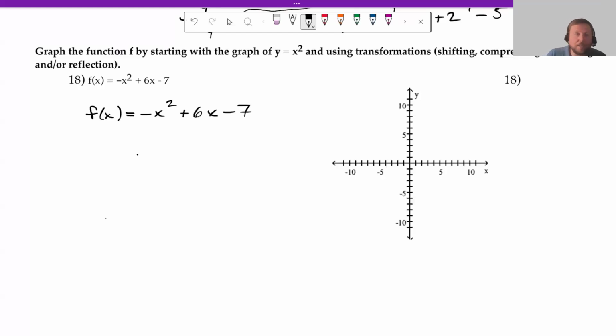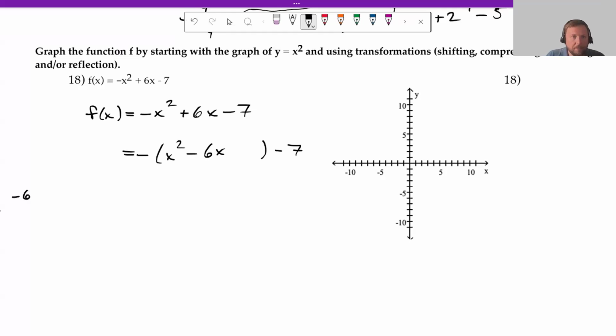So to get this to vertex form, I just do completing the square. I'm going to factor a negative from the x squared and the 6x and rewrite that as negative quantity x squared minus 6x. I'm going to leave some room, and the -7 is just out there for the moment.